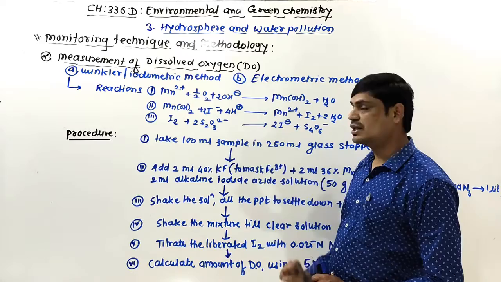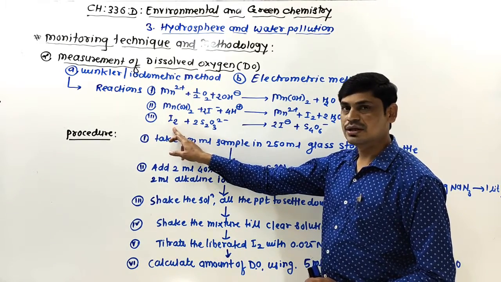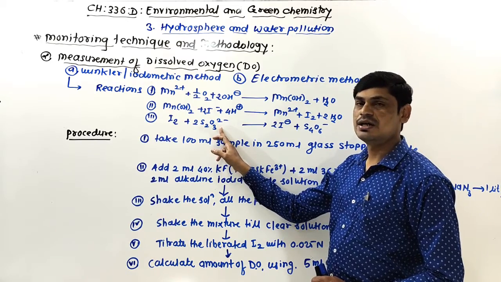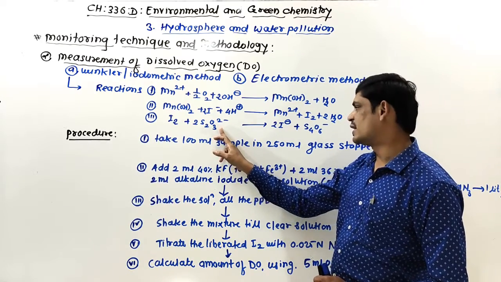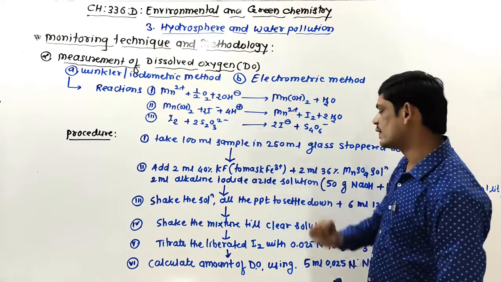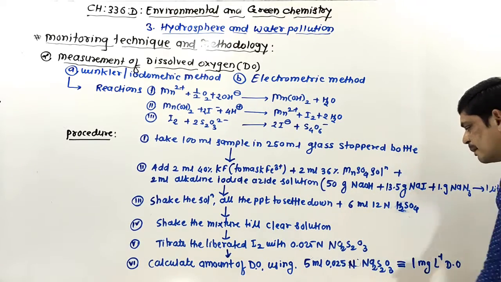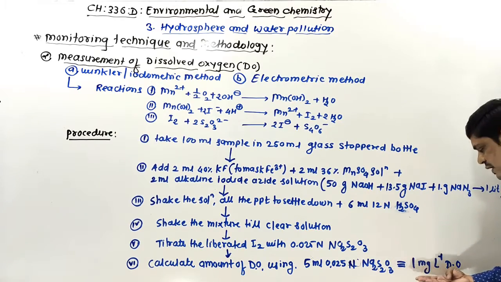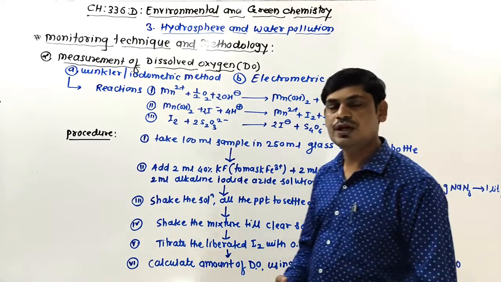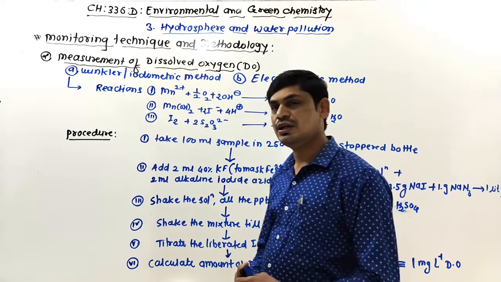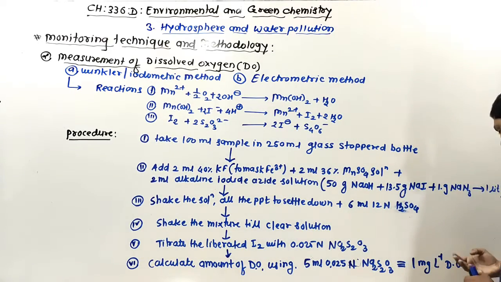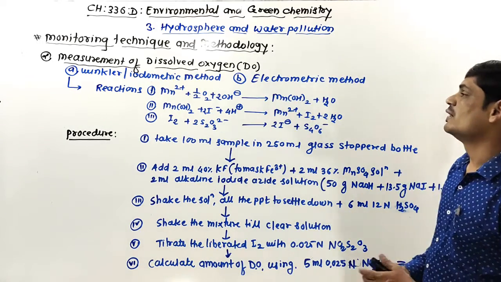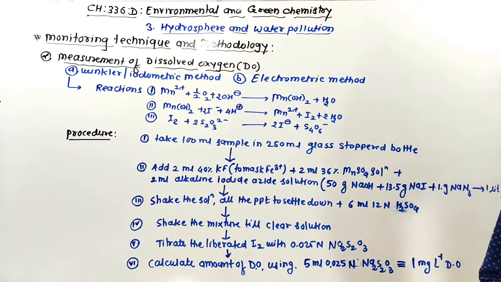It liberates the iodine, and the liberated iodine is then calculated by titrating with sodium thiosulfate using a starch indicator, and the amount is calculated by using the equation: 5 ml of 0.025 normal sodium thiosulfate is equivalent to 1 milligram per liter. So you just note all these things and we will proceed to the next parameter.